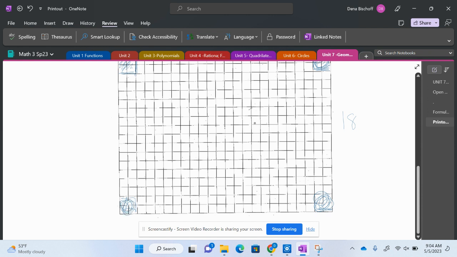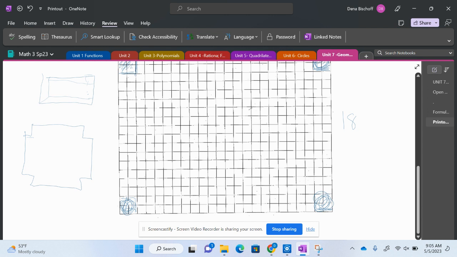When I was left, I had something that looked like this, which we call a net. This was a net of a rectangular prism. And I folded the sides up to make a box. So I had what we call an open box. It had sides like this, but no top on it. It didn't have a lid. Okay, no lid. So there was my box.